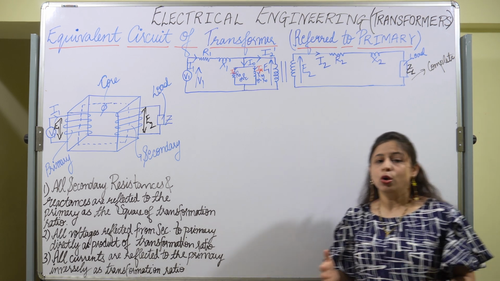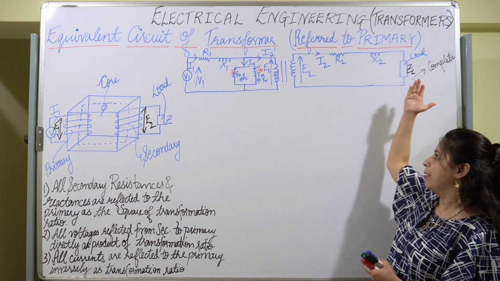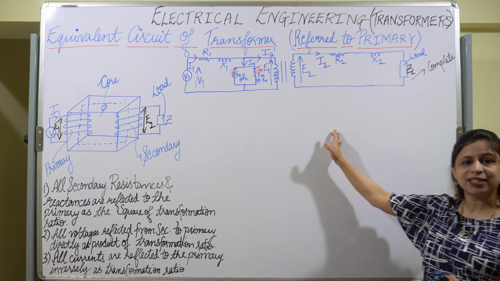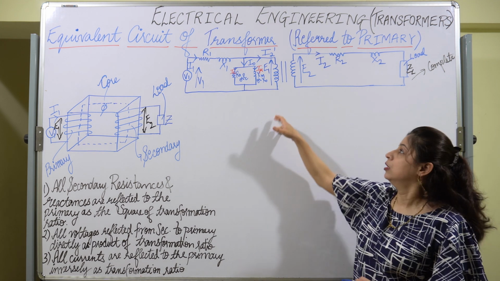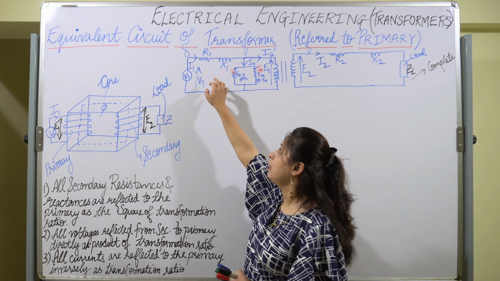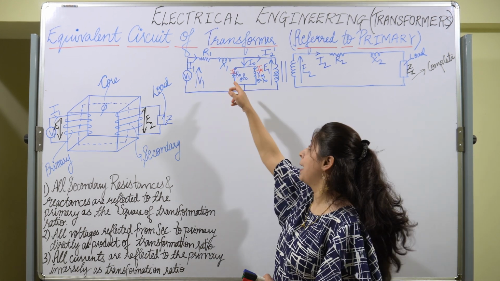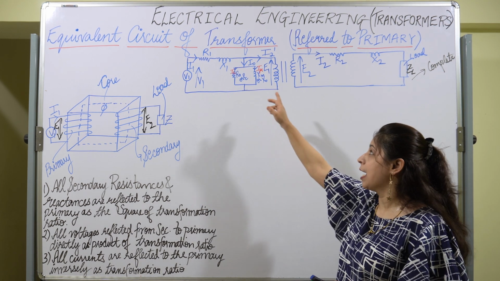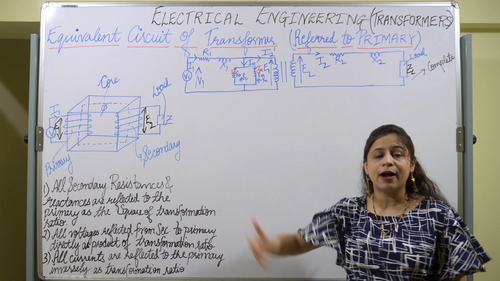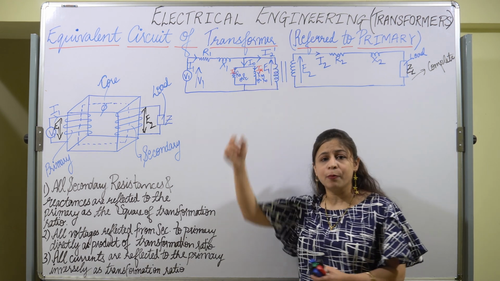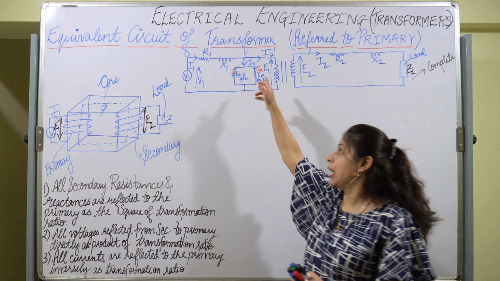Okay, so what do you mean by referred to the primary? Actually, this is the whole complete equivalent circuit shown over here. This is the primary side. The primary side has the primary resistance, primary reactance, the voltage V1, and current I1, and the current has two components, the no load component and the load component of the primary current.